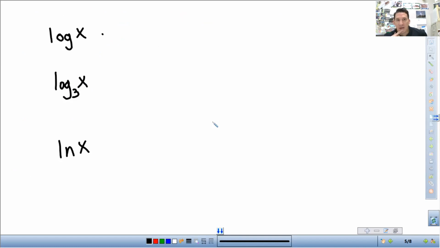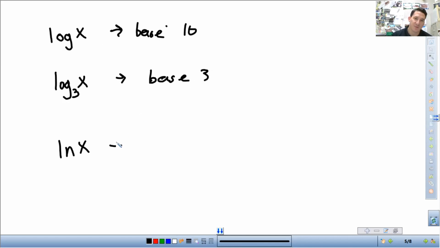It's something we kind of skipped over, but I'll talk about the number e later. But these are all different logs. So this is log, a base 10 log. This is base 3, and then this one would be log base e.